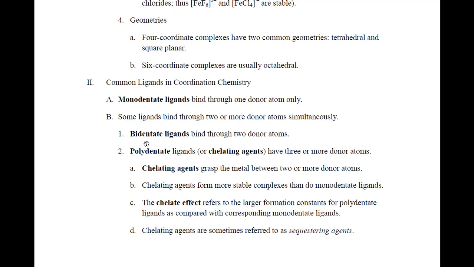Some ligands have three or more lone pairs of electrons on the same molecule that are capable of being donated as a single Lewis base to the metal ion, and so we refer to those as polydentate, many-teeth ligands. These many-dentate ligands are also called chelating agents.